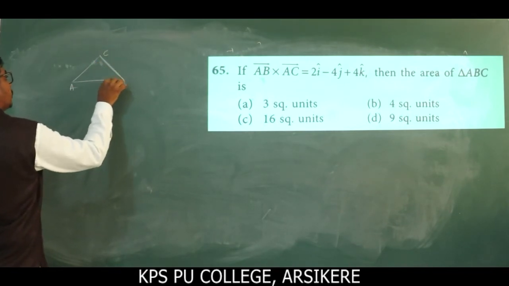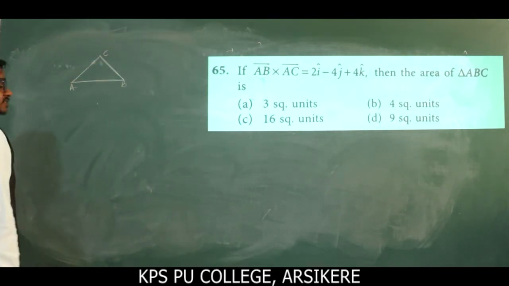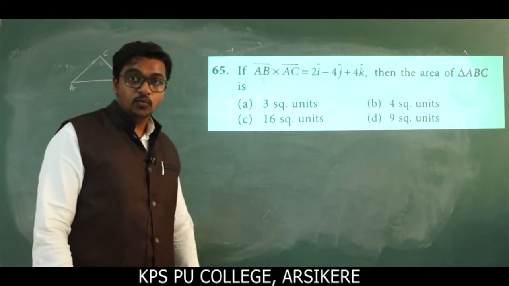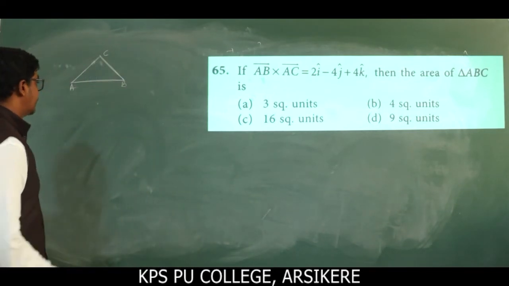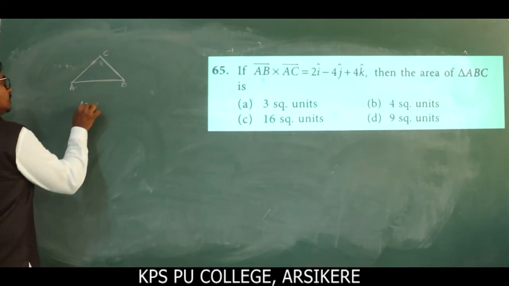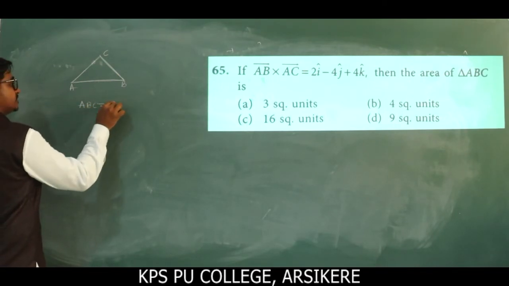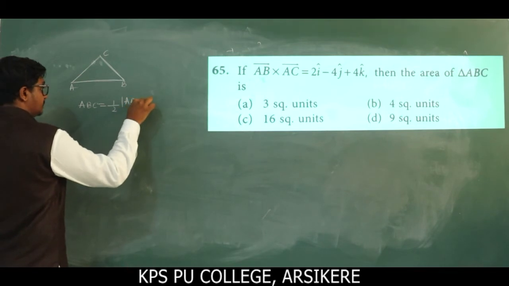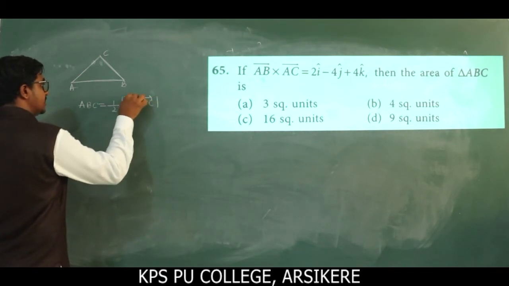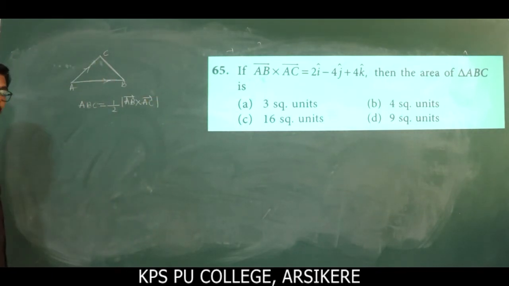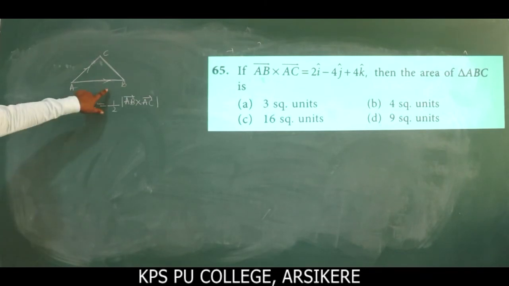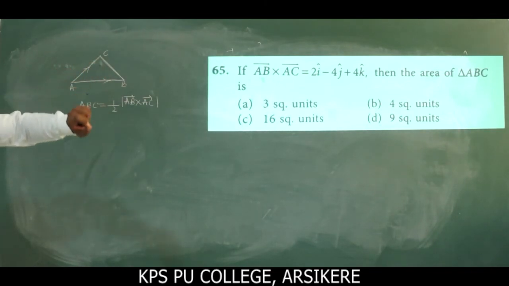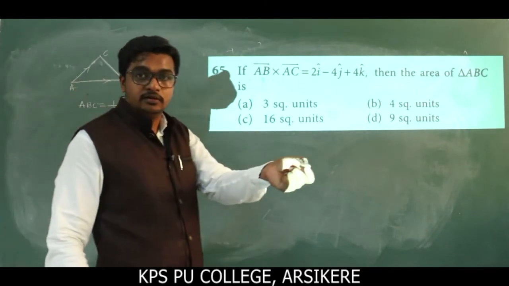When they give 3 vertices instead of adjacent sides, the area of this triangle is equal to 1 by 2 times mod of vector AB cross AC, because vector AB and vector AC represent the two adjacent sides here.